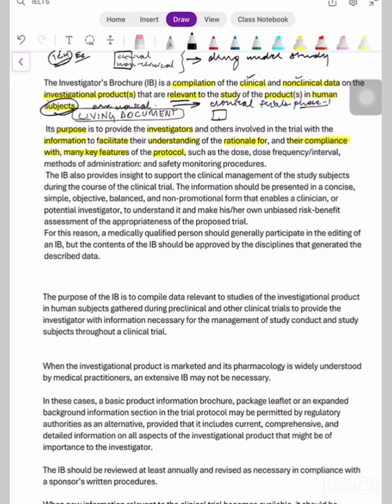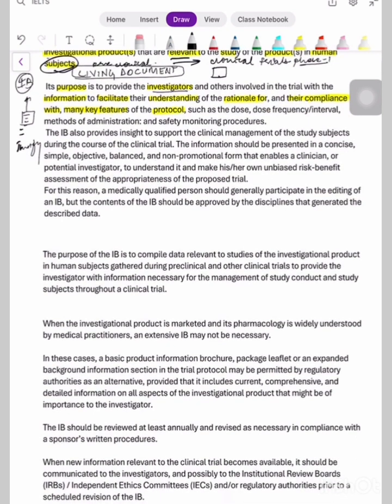You made the protocol and told the investigator to do this, but in the IB it would be clear why this point and these tests are included, the justification, and why this was in compliance. All of these things would be provided to the investigator, and he would get the understanding from it.